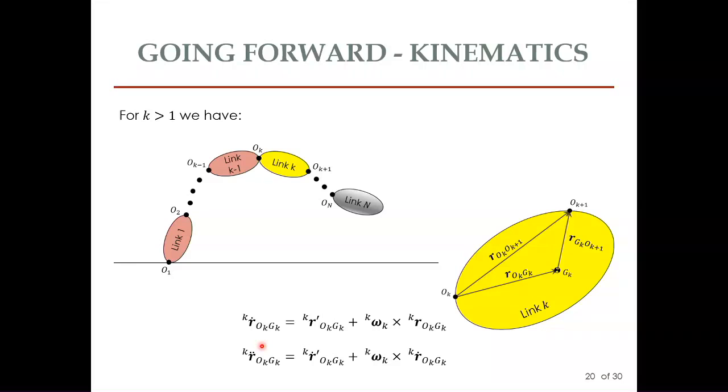So let's say if k equals 3, I will be able to find r_O1O4 double dot in frame 3. And then when k equals 4, when I arrive to this place, I already have O1O4 in frame 3. Okay, so I can bring it to frame 4, like that. Okay?